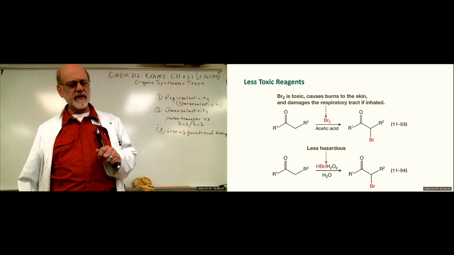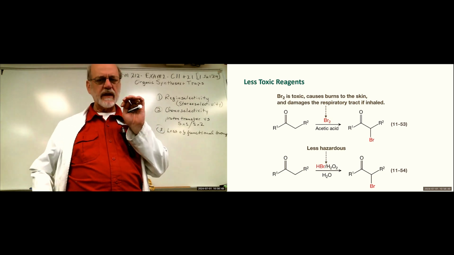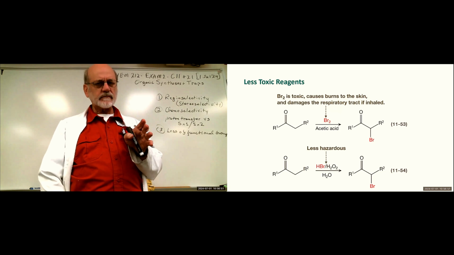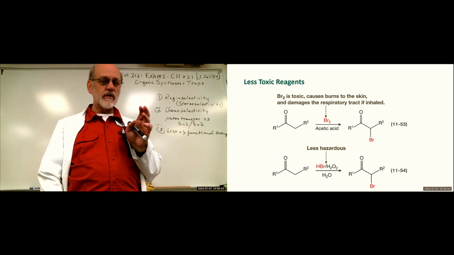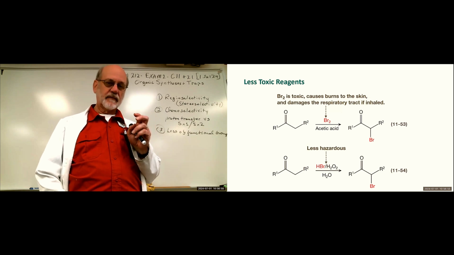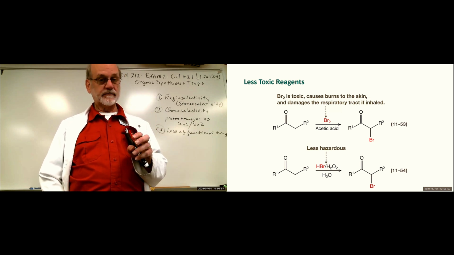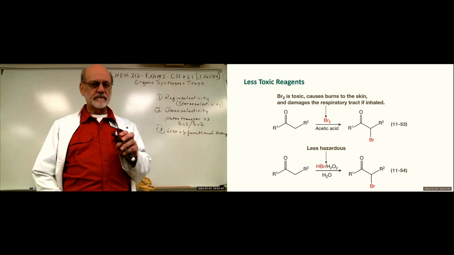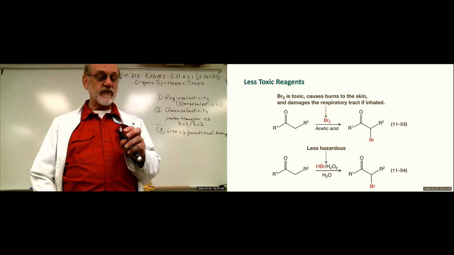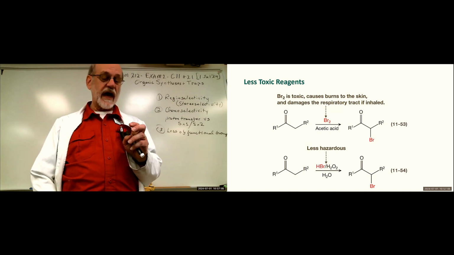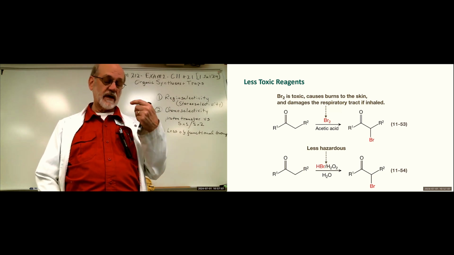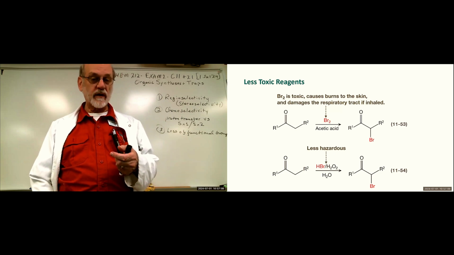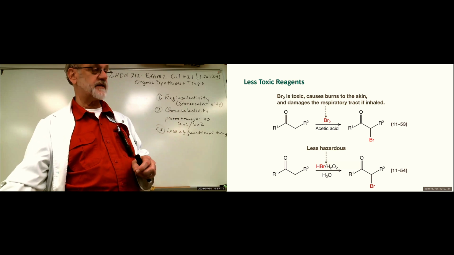So here's two reactions, end up with the same product. One, we use bromine and acetic acid, and that brominates the alpha carbon. Less hazardous would be to use hydrobromic acid in hydrogen peroxide and water. You get the same reactant, same product.